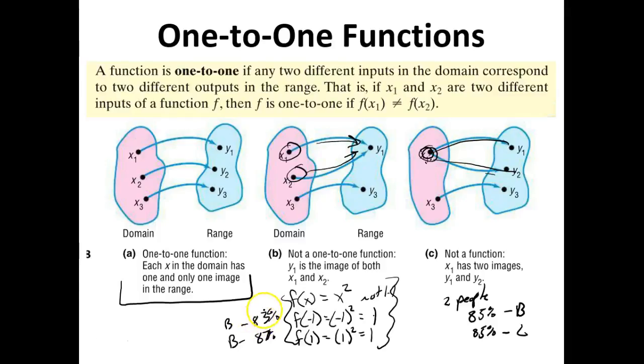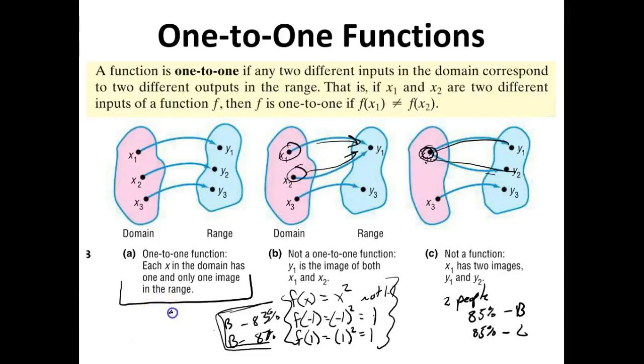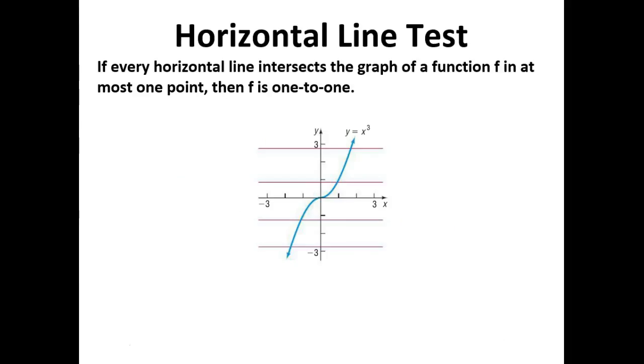However, keep in mind, this right here is not one-to-one. If it were one-to-one, for every single percentage there would have to be a different letter grade associated with it. So our grading scale is not a one-to-one function.